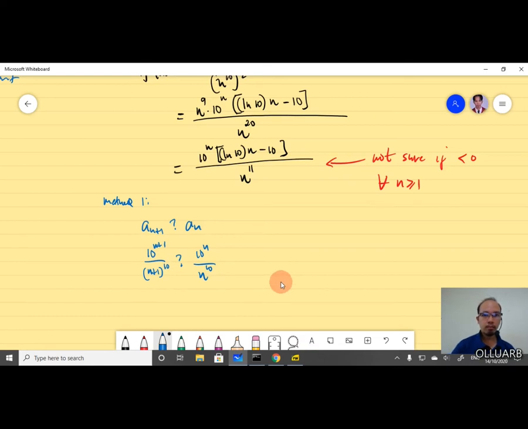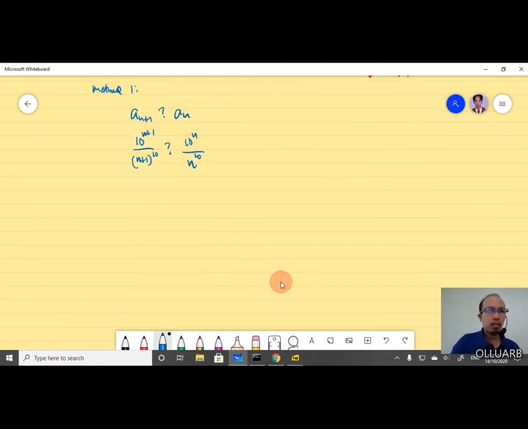Here we cross multiply, we have 10 to the n plus 1 times n to the 10, and 10 to the n times n plus 1 to the 10. If we cancel out, we have 10 times n to the 10 question mark n plus 1 raised to the power of 10.